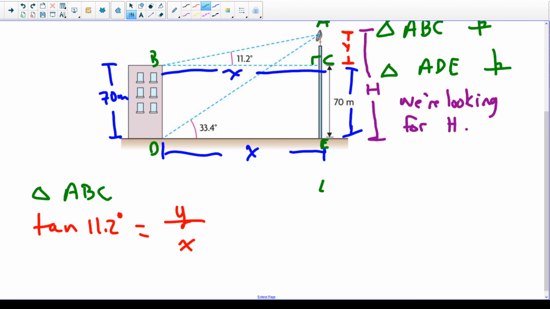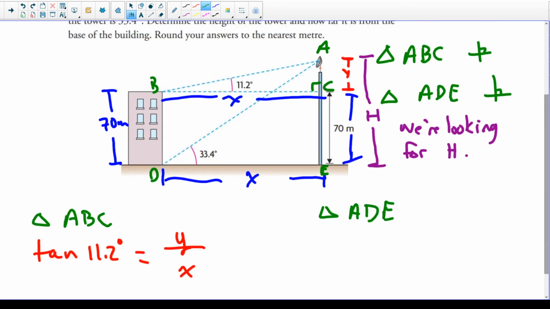Now let's look at triangle ADE, which is this big triangle here, and look at the angle that they gave us in ADE. They gave us angle 33.4. If I go across the triangle from 33.4, that gives me big H as the opposite side of angle 33.4.